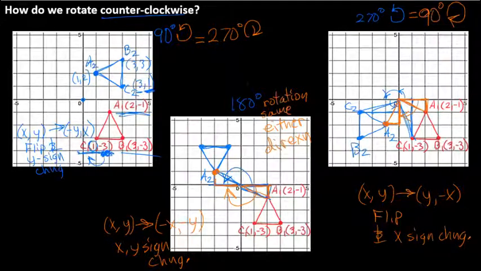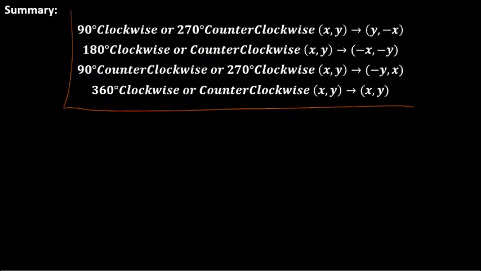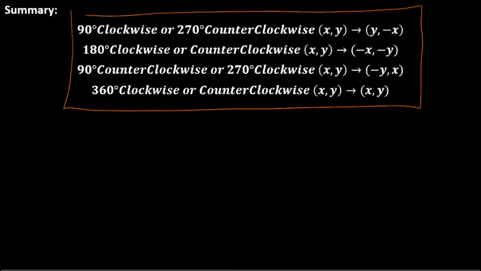Okay, so this is all really confusing, and trust me, I know. So this is why I have this summary here at the end. This is going to help you answer all the EQs. Okay, so we have gone ahead and answered all of them.